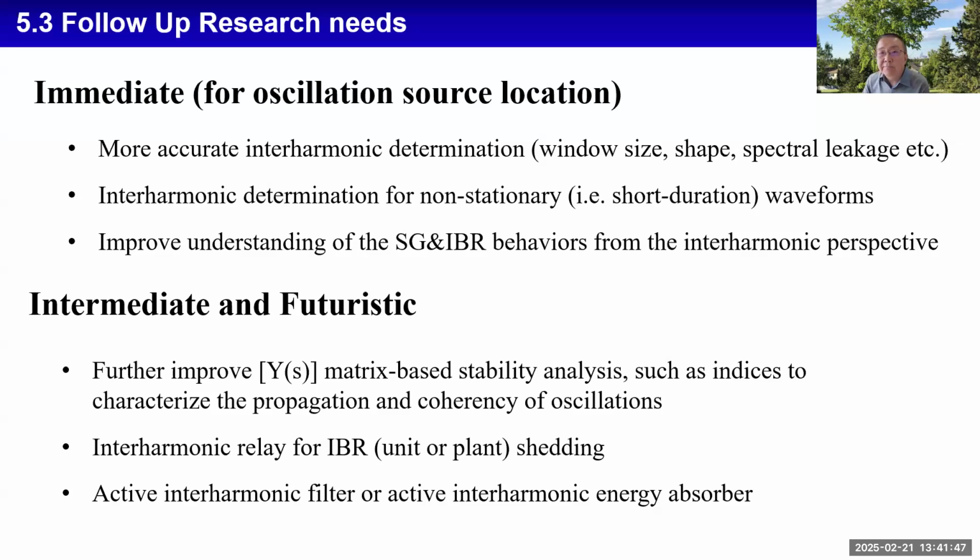The follow-up research is immediate for oscillation source location, like more accurate interharmonic determination, such as window size, window shape, and spectrum leakage minimization. Also, interharmonic distortion determination for non-stationary, basically short-duration oscillation waveforms.